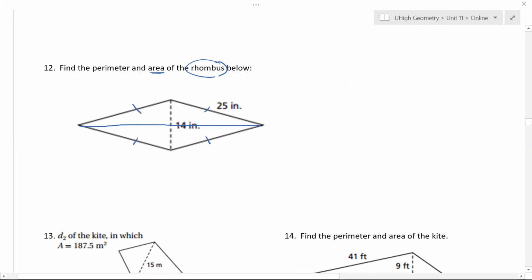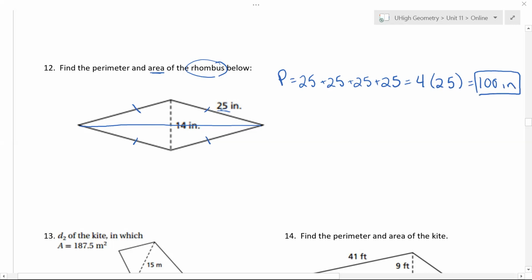So all 4 of my sides here are going to be congruent. So when I'm finding the perimeter, if I have 4 congruent sides and I know that they are all 25 inches, I can do 25 plus 25 plus 25 plus 25, which is the same as 4 times 25, or 100 inches. So when I add all those sides together, I get that my perimeter is 100 inches.